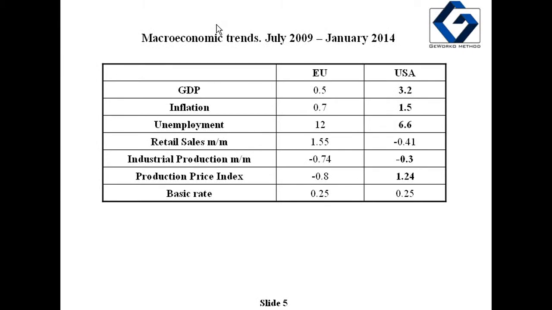Researching the dynamics of US and European economy recovery from July 2009 to January 2014, we can observe the following indicators expressed relative to their values of July 2009. All three macroeconomic indicators for the European Union are inferior to the corresponding US coefficients. The alleged gap corresponds to unemployment increase here in both countries.